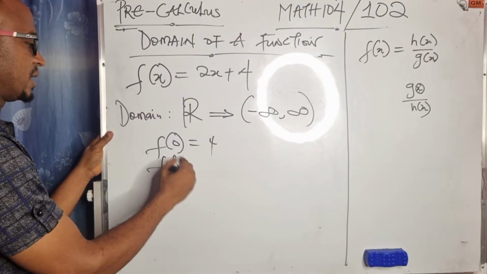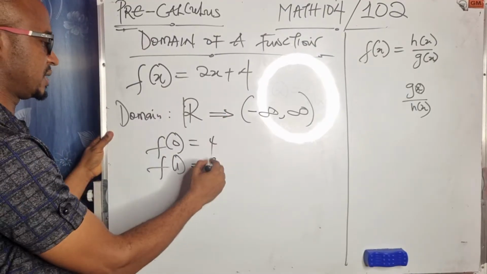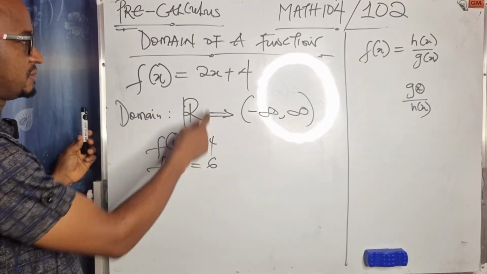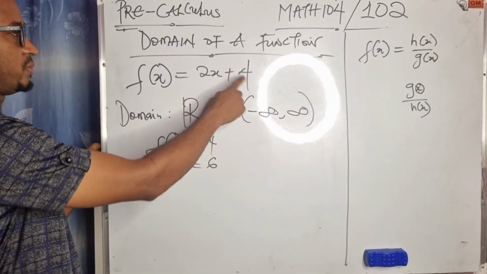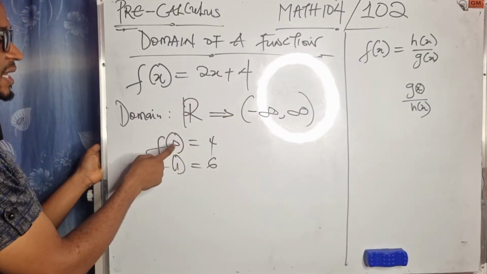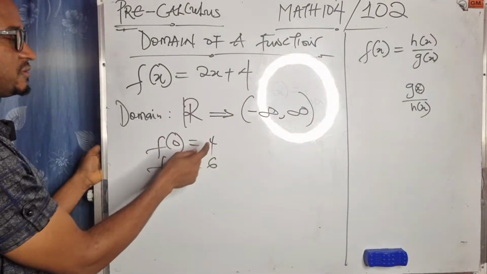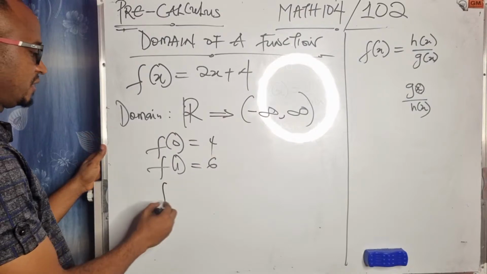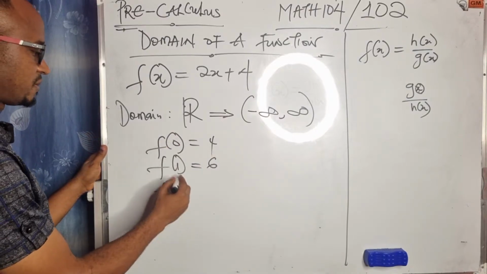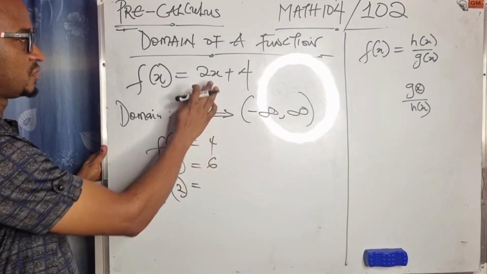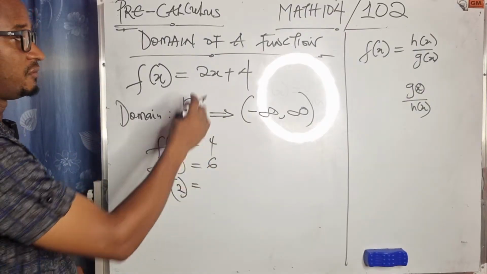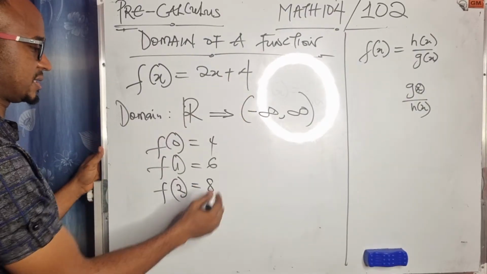I can substitute my 1, that will give me what? 6. How do we get 6? 2 times 1 is 2. 2 plus 4 is what? 6. If x is 0, it means that 2 times 0 is what? 0. 0 plus 4 is what? 4. I can put the value of x as 2. That will give us what? 2 times 2 is what? 4, right? 4 plus 4 is what? 8. Are you there?